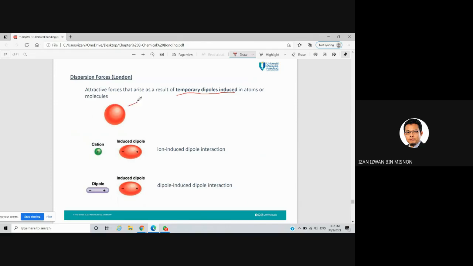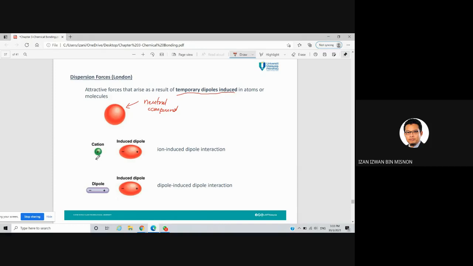This example shows that it is neutral. This neutral compound can be induced to have polarization that only occurs temporarily.